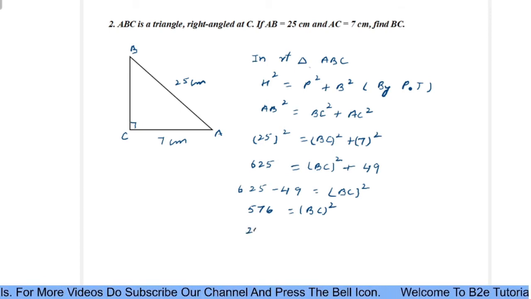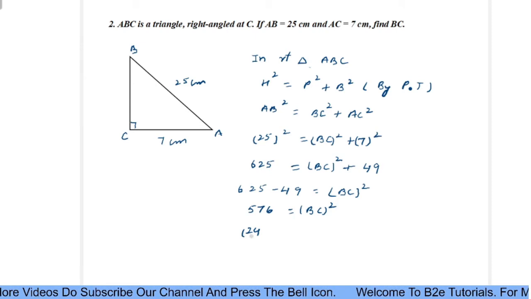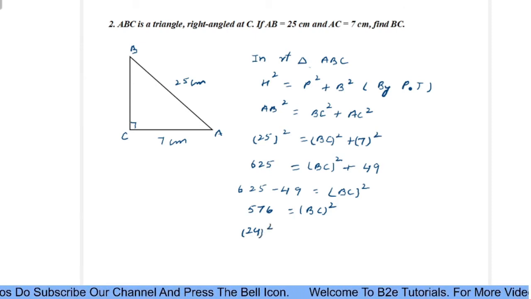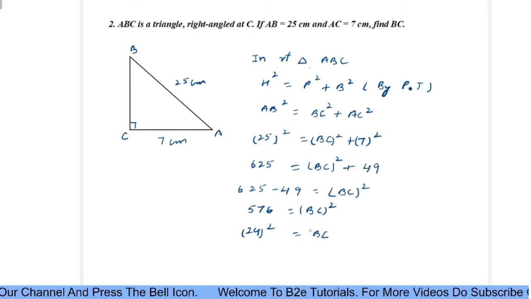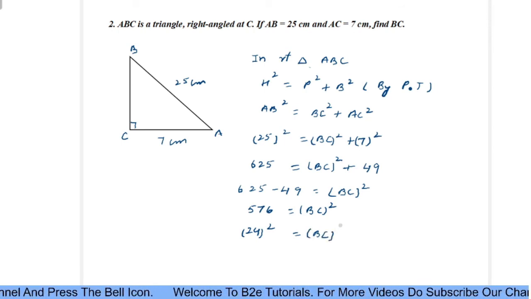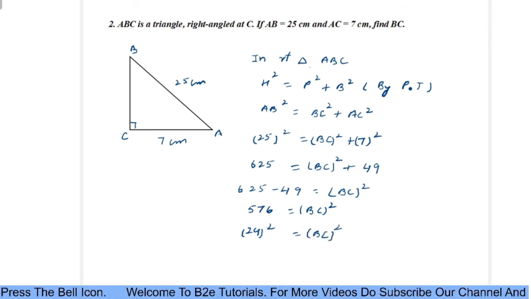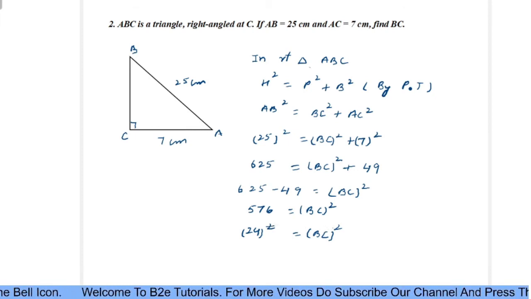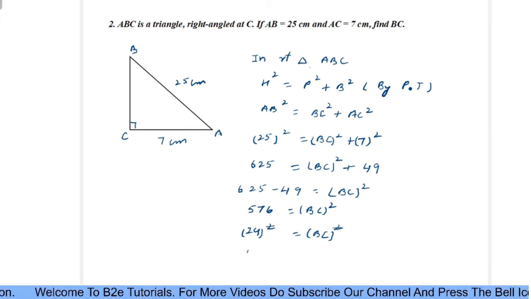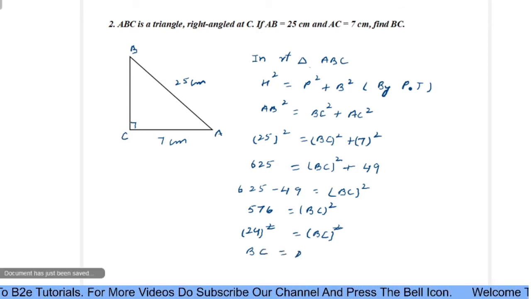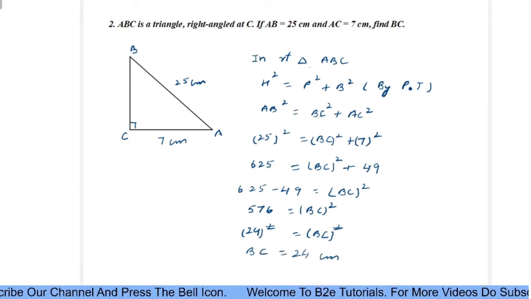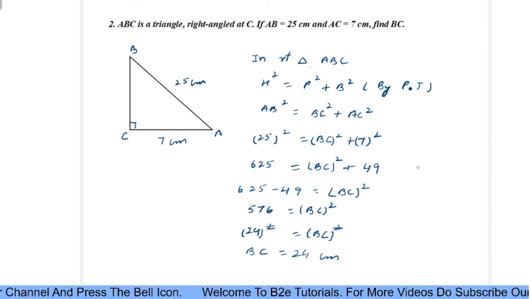You can write it as 24 whole square equal to BC whole square. Here you can cancel this square. So BC equal to 24 centimeter. This is your answer. Now come to next.